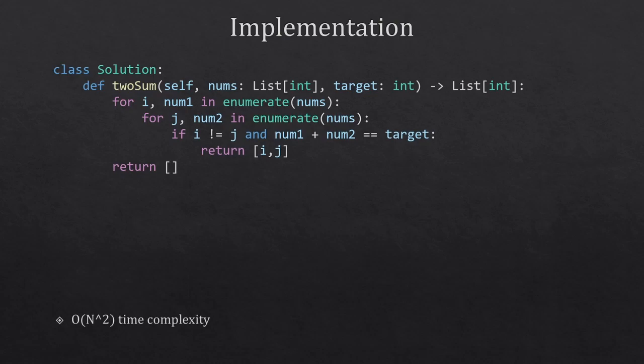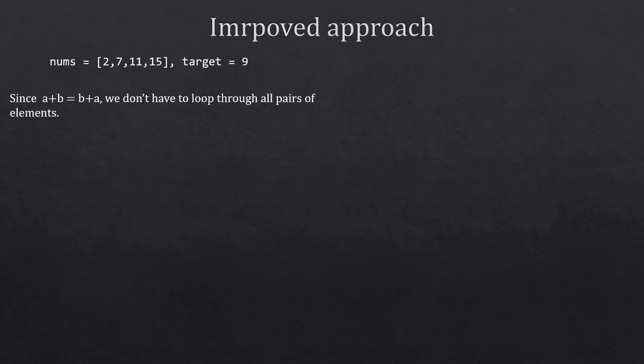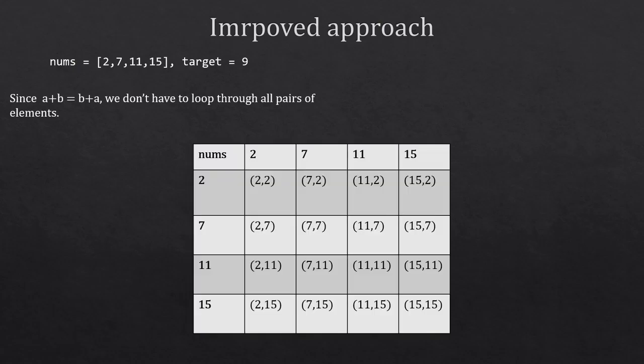This code does its job, but due to the nested for loop, its time complexity is quadratic. We can improve this solution by noticing that we don't have to check every single pair of numbers. Since it doesn't matter in which order we will return our indices, pairs 11, 2 and 2, 11 are the same, and we just need to check one of them.